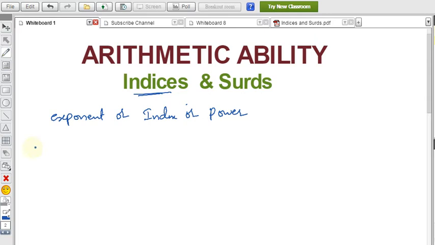Now when you come to the definition, let a belong to R. So a is any number which belongs to the real numbers, and n is a positive integer. Here I am taking n as a positive integer.